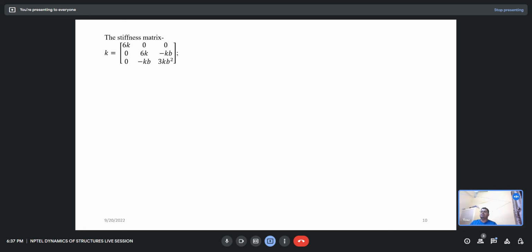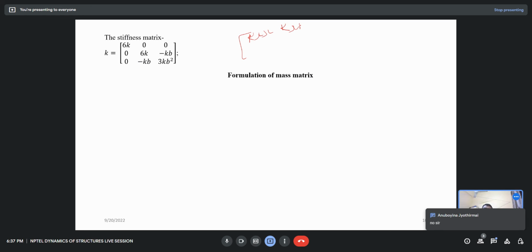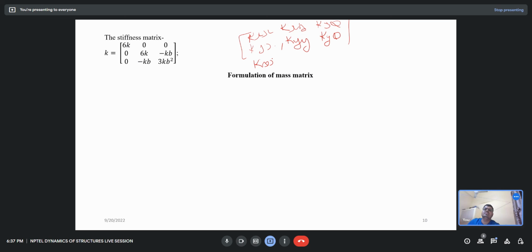The stiffness matrix becomes kxx, kxy, kx theta; similarly kyx, kyy, ky theta; then k theta x, k theta y and k theta theta. So this is our stiffness matrix.